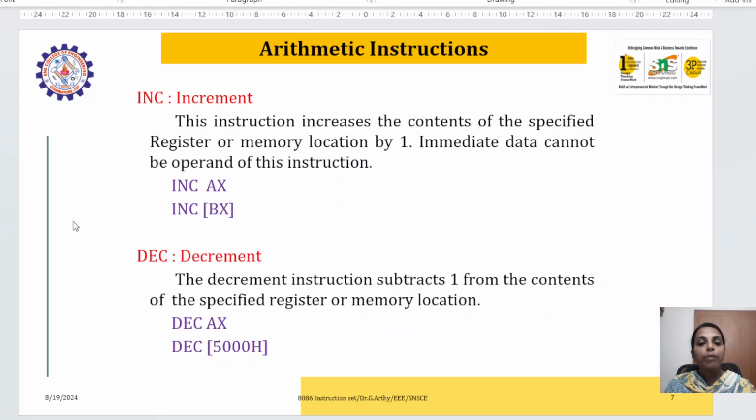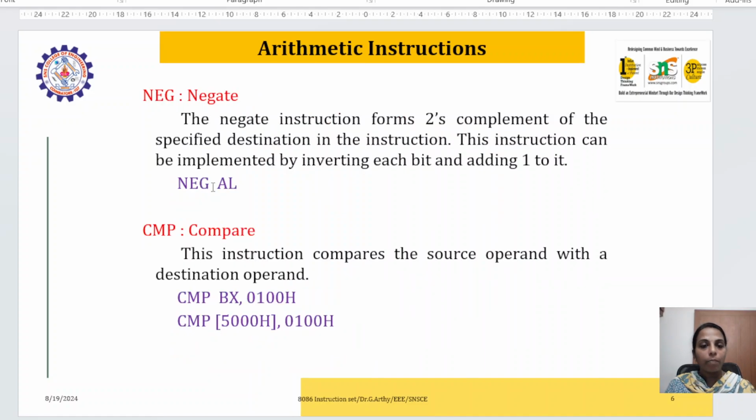Then other commonly used arithmetic instructions are increment and decrement, which is normally used to change by 1. If simply INC AX is given, the contents of AX will be incremented by 1. Then we have the negate and compare instructions. Negate is used to find the complement of a number. So what is the complement of a number?